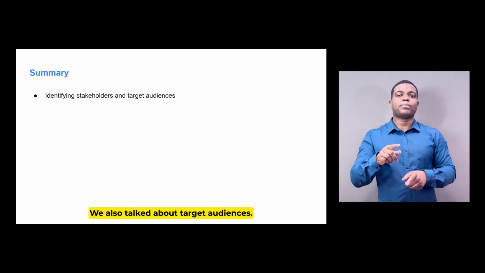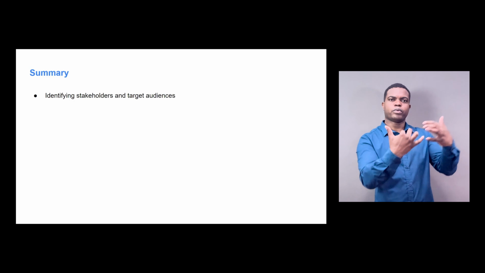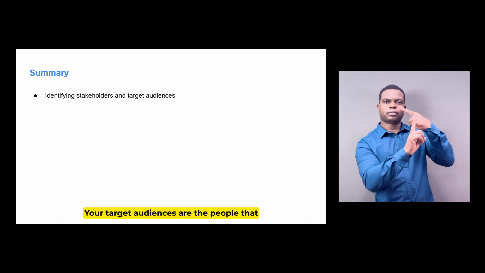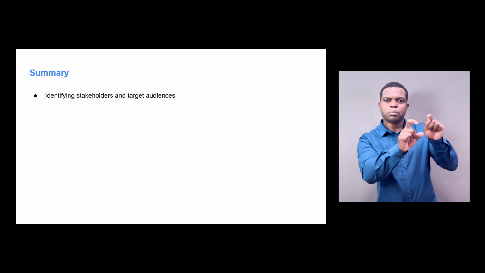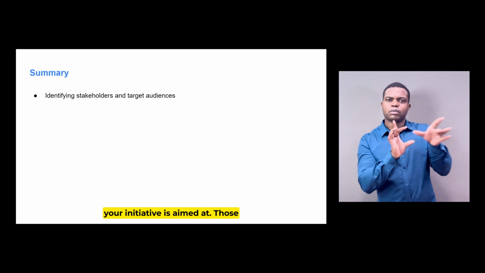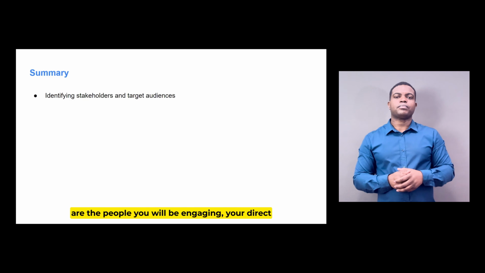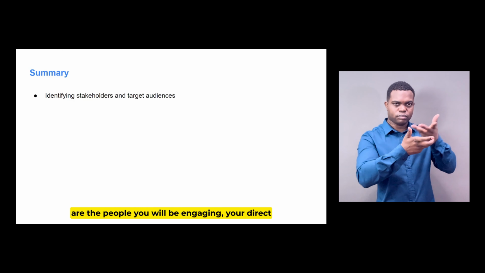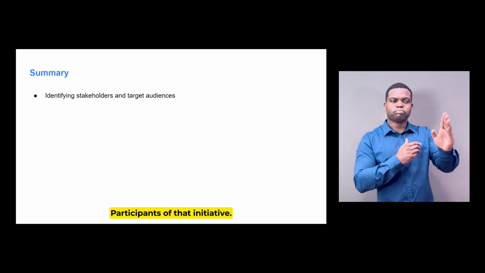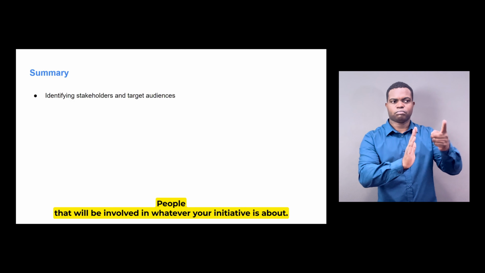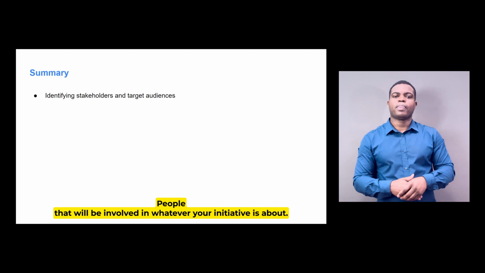We also talked about target audiences. Your target audiences are the people that your initiative is aimed at. Those are the people you will be engaging, your direct participants of that initiative, people that will be involved in whatever your initiative is about.